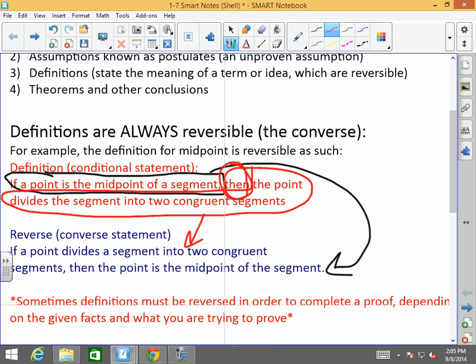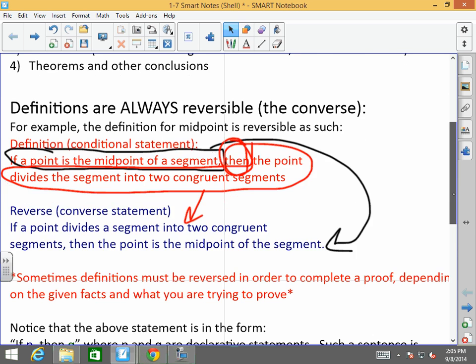The first part, before the then, is the hypothesis. Okay? That's the guess. And then the second part, after the then, is called the conclusion. So when I put the conclusion in front of the hypothesis, that is called a converse statement. That is the reverse of that definition. Okay? I know you guys are super excited today. It's an exciting lesson, but just hang in there with me, please. We're almost done. Okay?